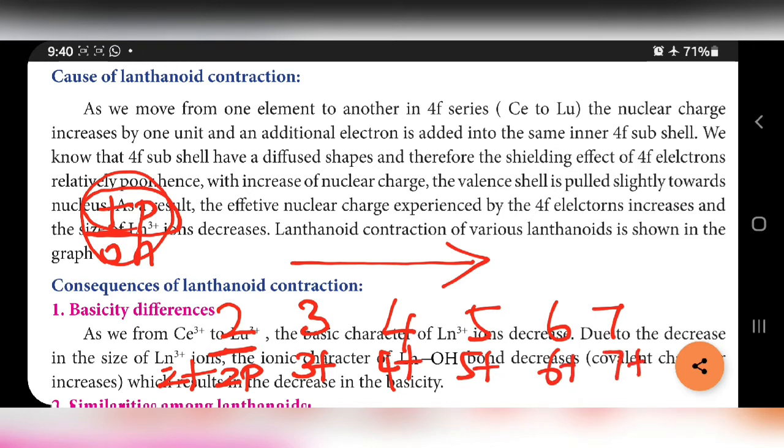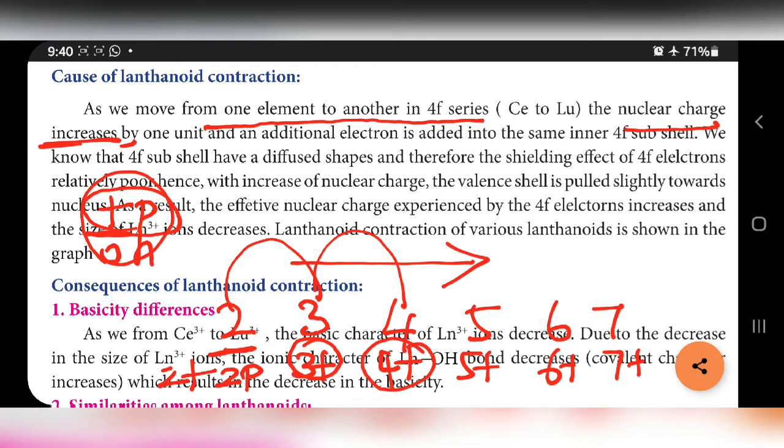So if you are moving from left to right, as we move from one element to another in the 4f series, nuclear charge increases. How much? By 1 unit at each step. At each step, nuclear charge increases by 1 unit and an additional electron is added to the same orbit, that is the same inner 4f subshell.